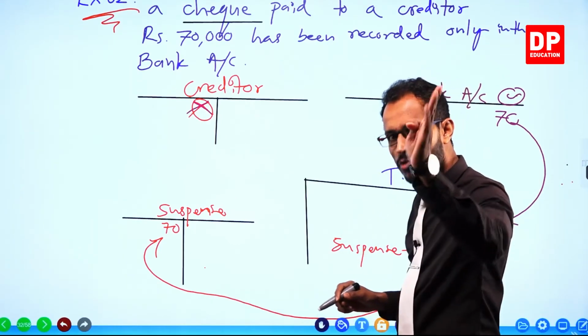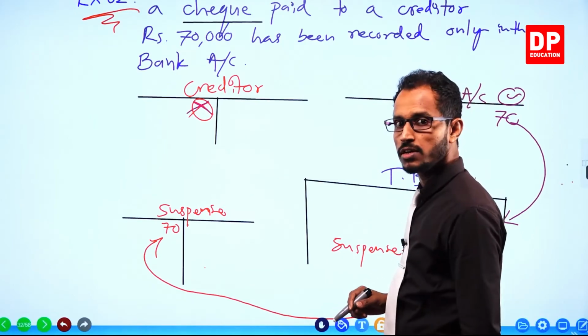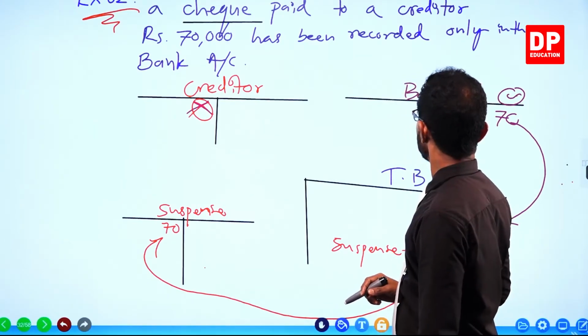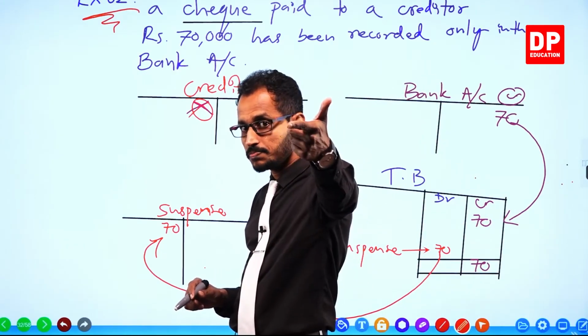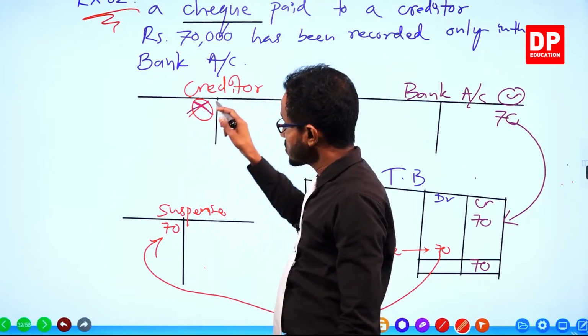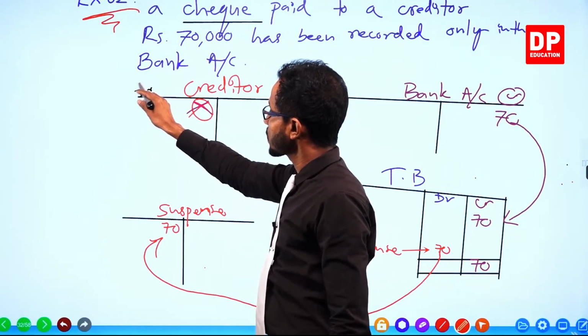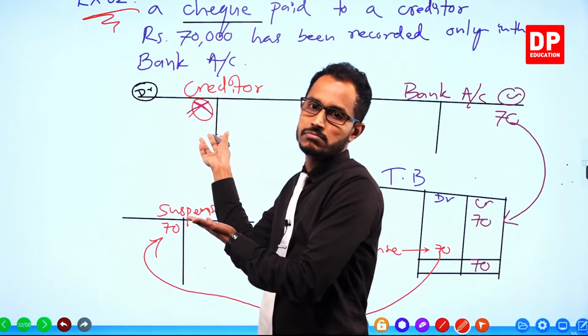But now we have to correct it. To correct it, what would you do? Tell me. There is a shortage on the debit side because the account which must be debited was not debited.